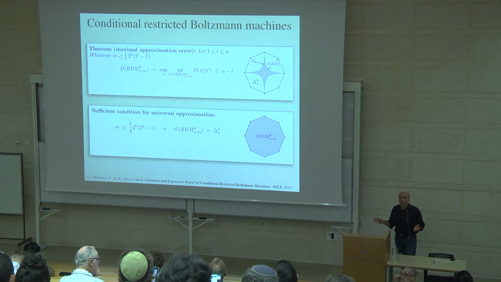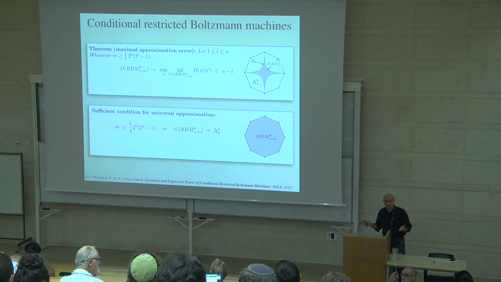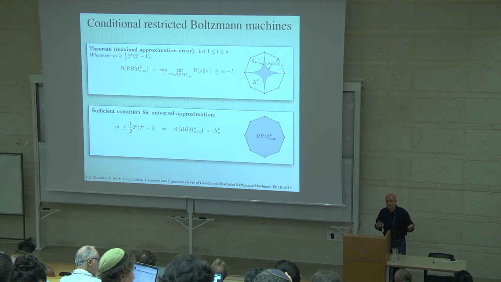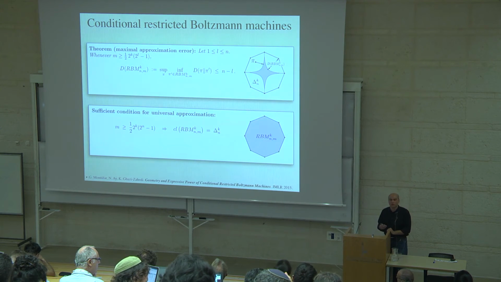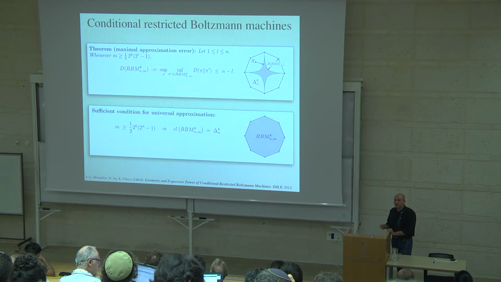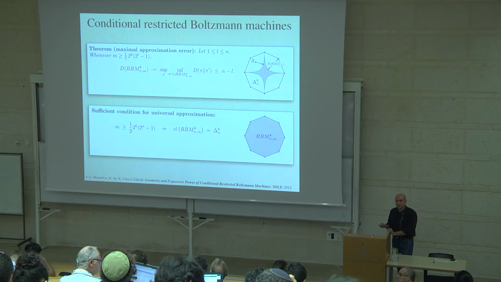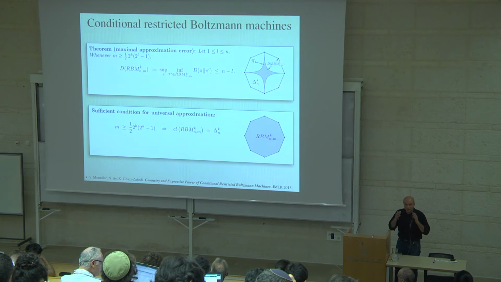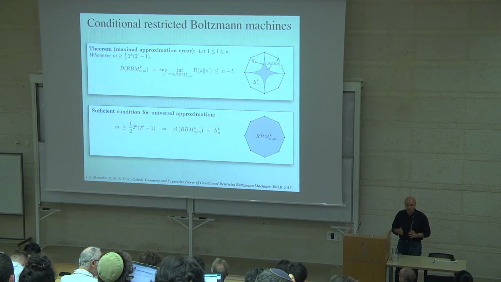So this is the geometry of the conditional restricted Boltzmann machine, and I derived a necessary and sufficient condition for universal approximation. The results illustrate a generic feature of connectionist models. They all have this nice property that you can do everything with them. You can generate any complex function with these simple elements.